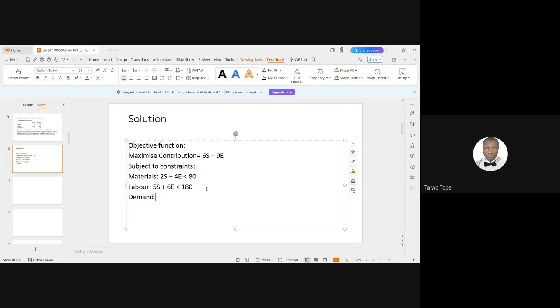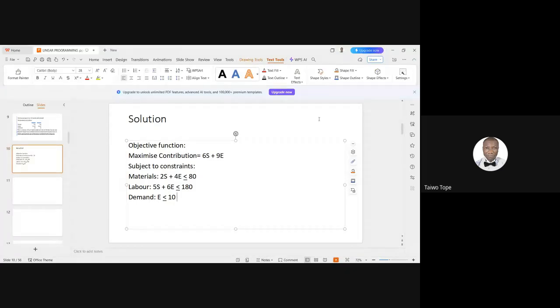It's executive chair less than or equal to 10. For those of you that attempted it, this is how to express it.